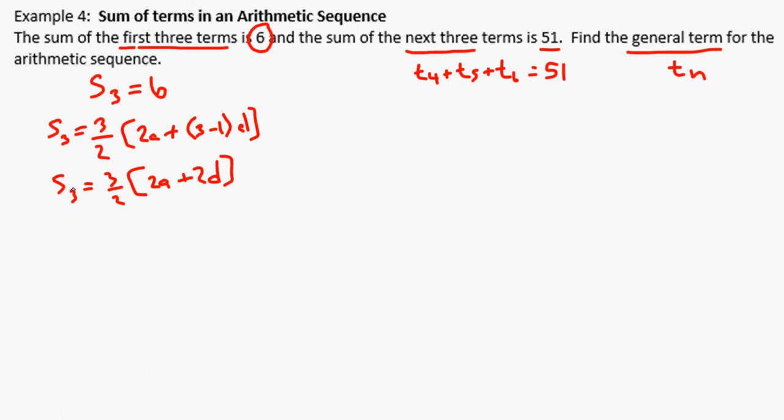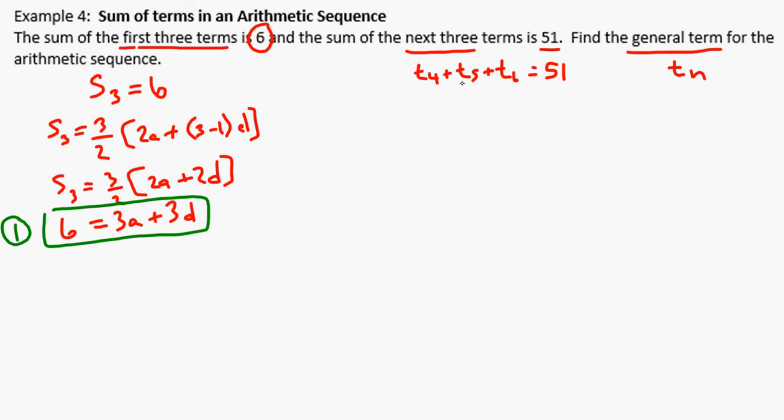You know what S3 is, so I replace it with 6. Now you could cross multiply this 2 over here to make that 12, but looking in here, if I multiply 3 over 2 by 2, I just get 3. So I have 3a plus 3d. I distribute that, so let's call this equation 1.